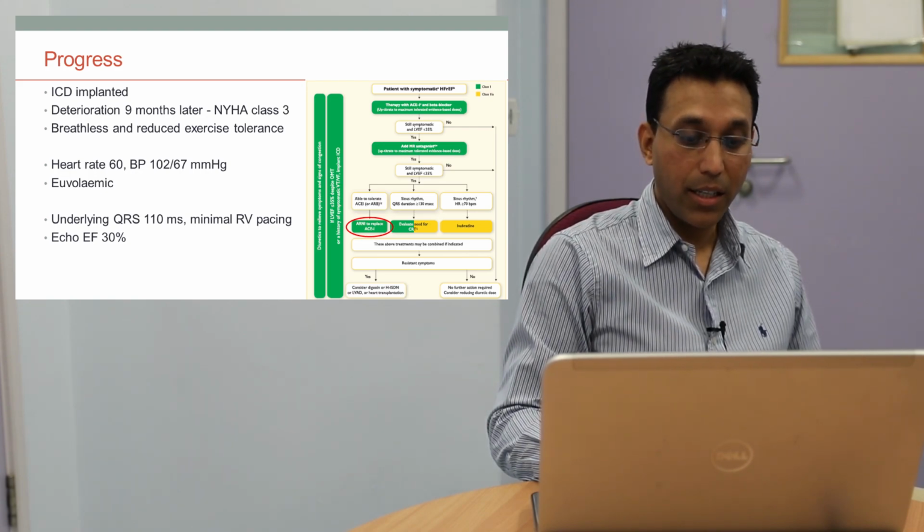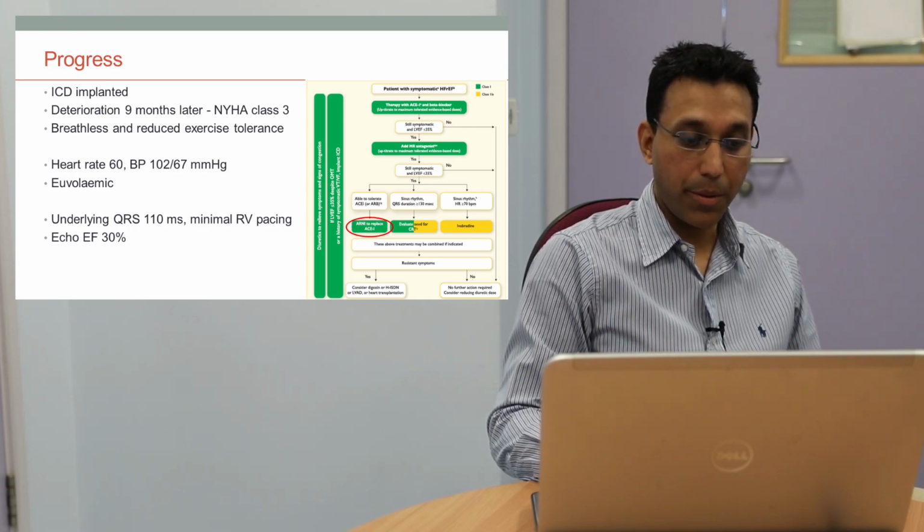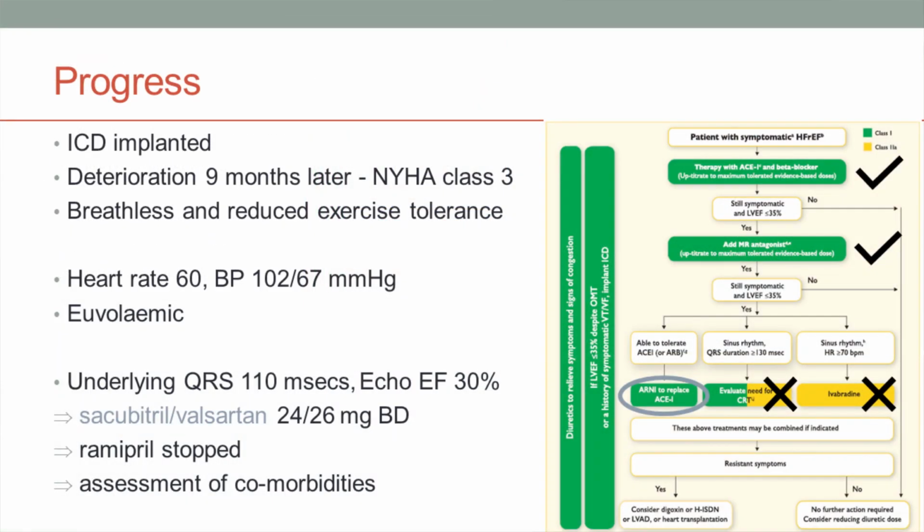Ivabradine could have been considered in addition to beta blocker therapy if her heart rate remained above 70, but you can see that it's well controlled at 60 beats per minute. However, in this case, we added in sacubitril valsartan, Entresto, at the lowest dose and stopped the ramipril.